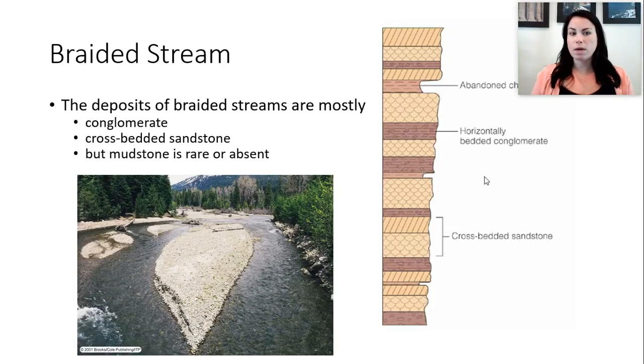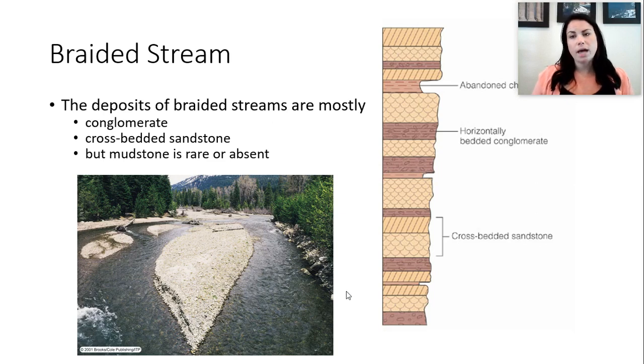So let's look at a braided stream. Here's an example, a picture of a braided stream. You can see that the deposits here are mostly conglomerate. They could be cross-bedded sandstone. Finer sediments like mudstones, muds, and clays are rare or absent.